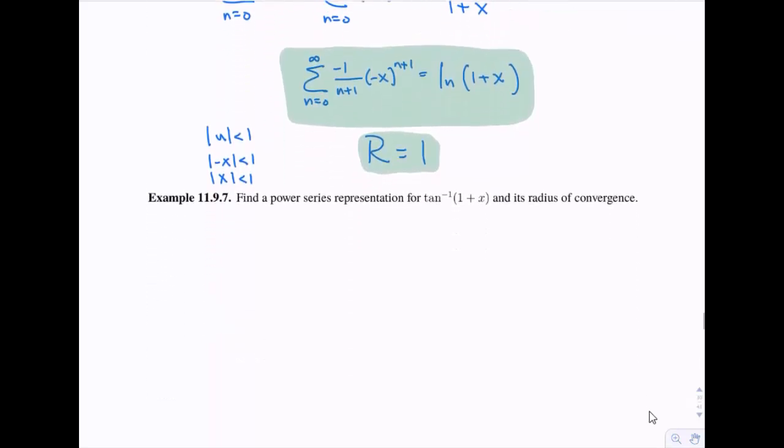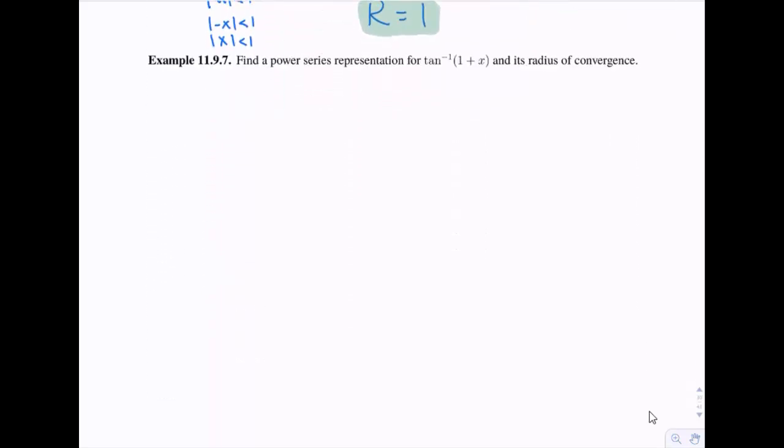All right, let me go ahead, and I got one more example for us, a little bit more difficult. We have a tangent inverse of 1 plus x. So I want to find the power series representation of this and the radius of convergence. So, okay, well, if I take the derivative of this thing, the claim is that it looks kind of like my 1 over 1 minus x.